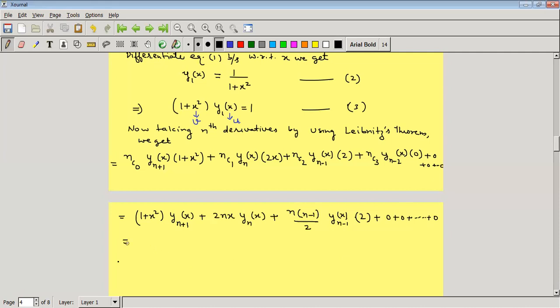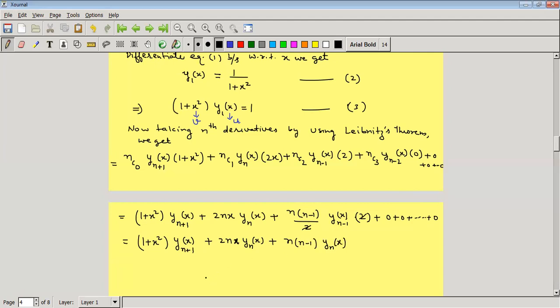So that is 1 plus x square into y(n plus 1) at point x, plus 2n x yn(x), plus, since 2 and 2 cancel out, n into (n minus 1) y(n minus 1)(x).